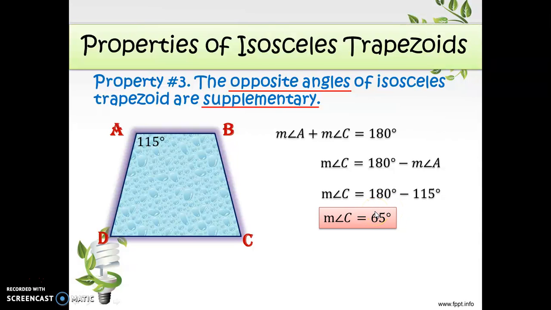So we expect that this angle here is 65 degrees. And we know the fact that these are base angles, C and D and A and B. We can expect that this is also 115 degrees and this is 65 degrees.